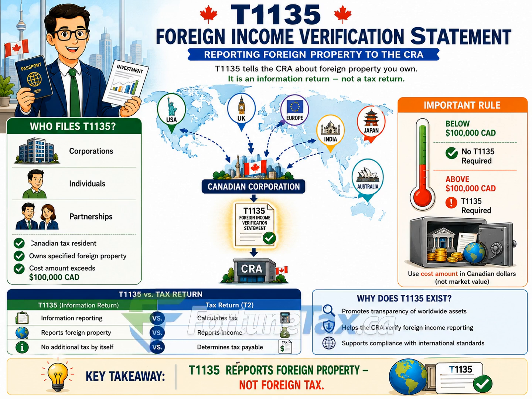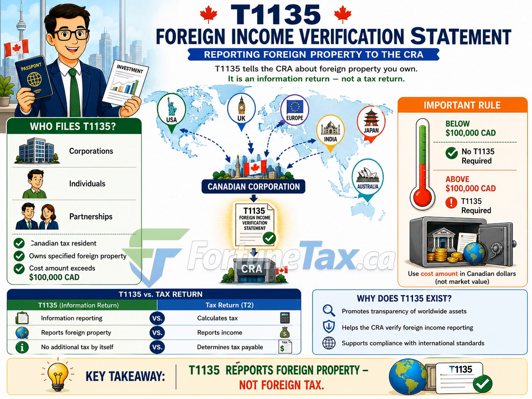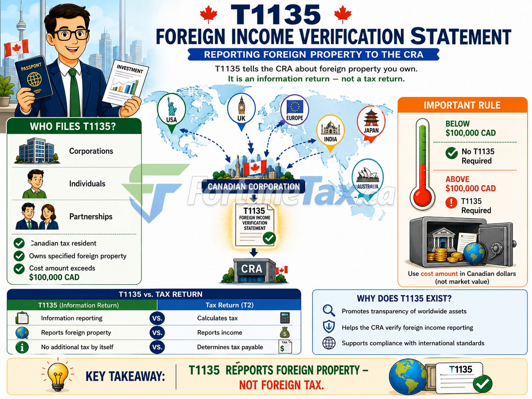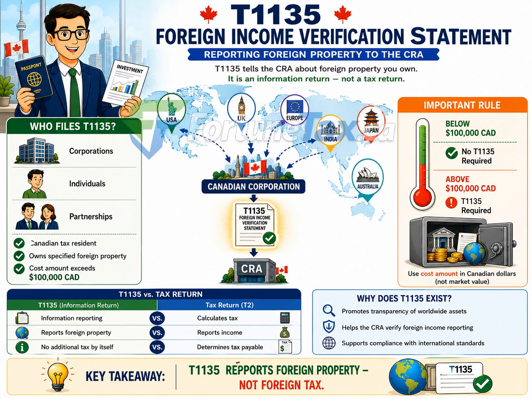The gauge on the right summarizes this requirement. If the total cost amount of specified foreign property is 100,000 Canadian dollars or less, a T1135 is generally not required. If the cost amount exceeds $100,000 at any time during the year, a T1135 filing is generally required.